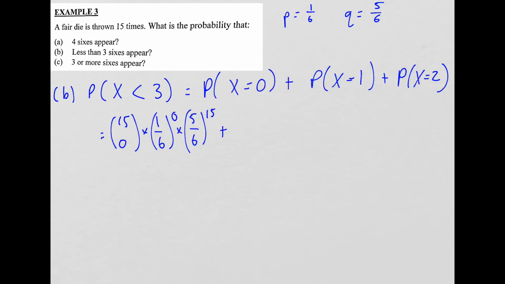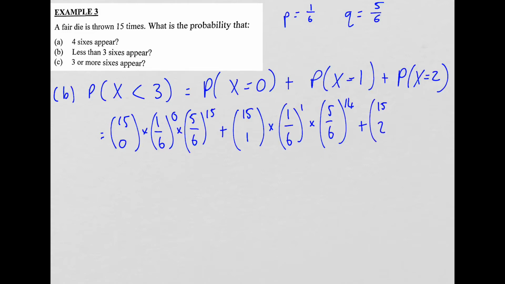Right, then for the probability that x equals 1, we then have 15 choose 1, because 1 trial out of the 15 will now be a 6. So that's 1 over 6 to the power of 1 times 5 over 6 to the power of 14. And then for the last one, the probability of x equals 2, we are now working with 15 choose 2.